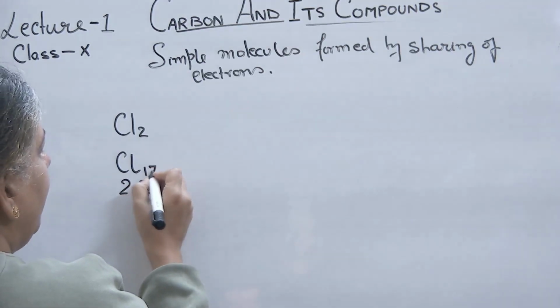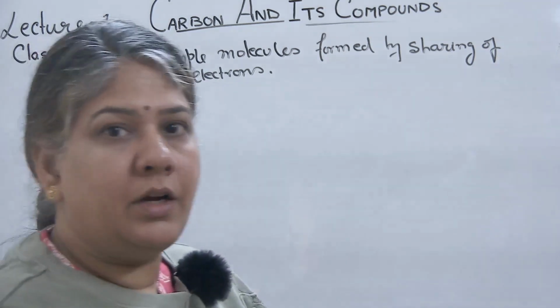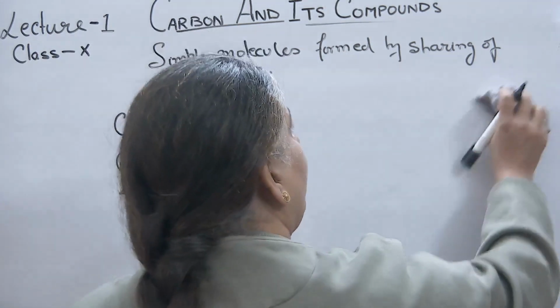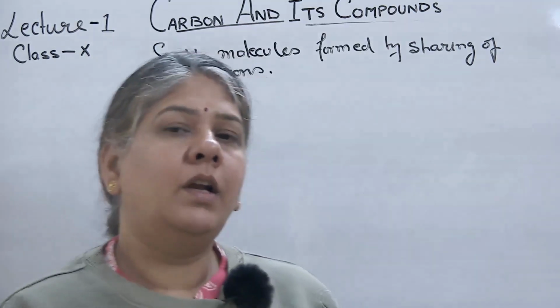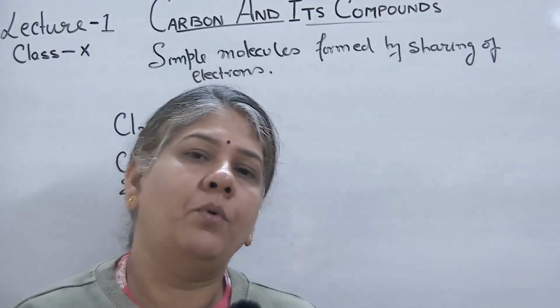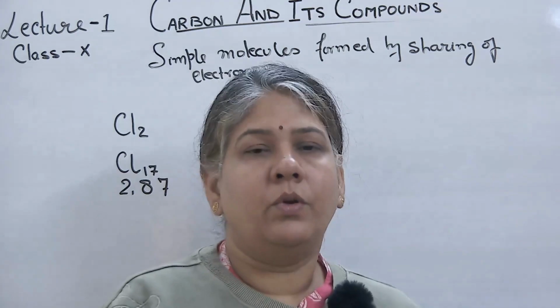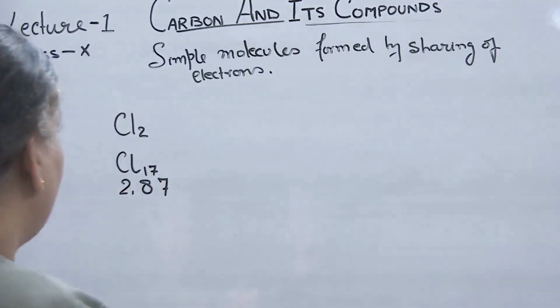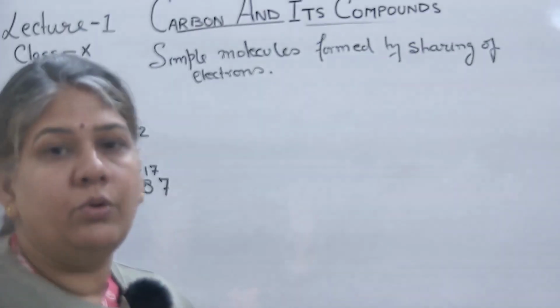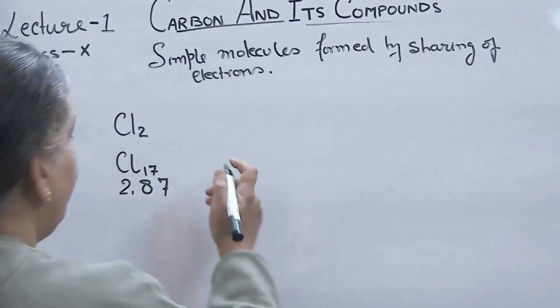Remember the atomic numbers. If you haven't learned them, find a way to learn them. If you are finding it difficult, write in the comment box, and I'll see that you get some trick to learn atomic numbers from 1 to 20. That must be thorough with you.